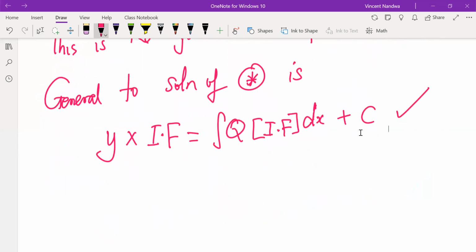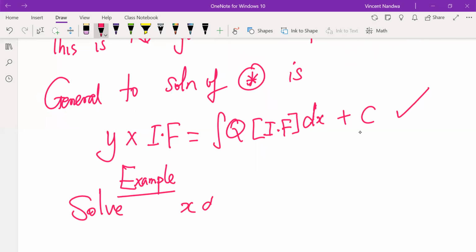So quickly, solve the equation x dy/dx plus 2y equals 12x.